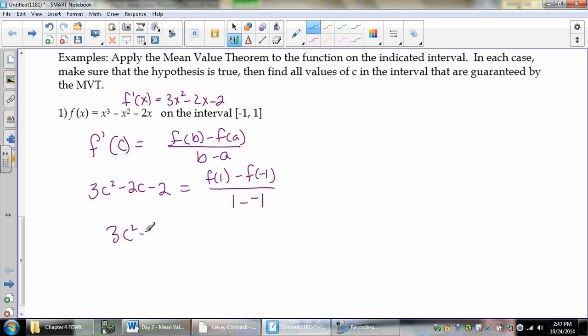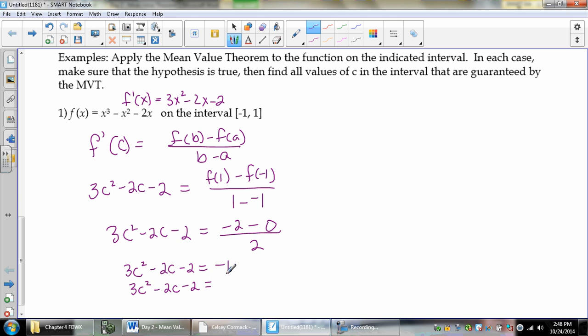So I have 3c squared minus 2c minus 2 equals, now f of 1, I come to the original, it says f would be 1 minus 1 minus 2, which would be negative 2. F of negative 1 is going to be negative 1 minus 1, which is negative 2, plus 2, which is 0, over 1 minus negative 1, which is 2. So 3c squared minus 2c minus 2 equals negative 1. I'm going to bring this guy over, solve for c.